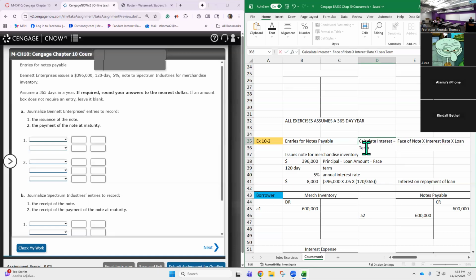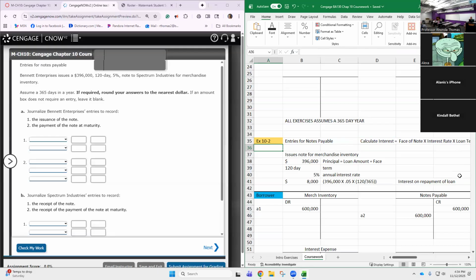Face of the note times the interest rate times the loan term. And if the loan term isn't at least a year, then you're going to have to maneuver that term a little bit. Like I said, if this was a 1-year note, we could just take it times 1.